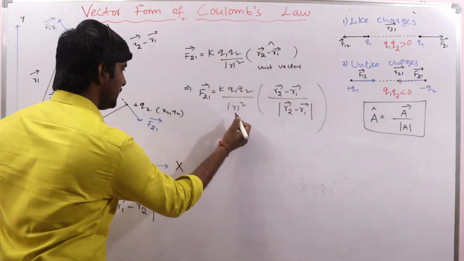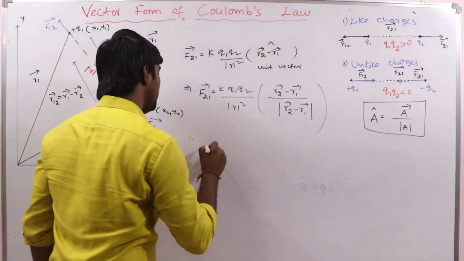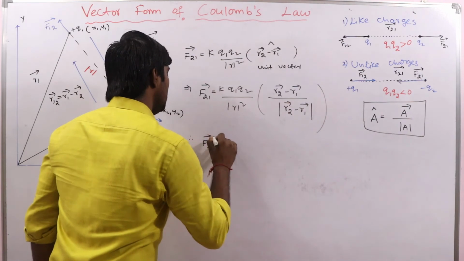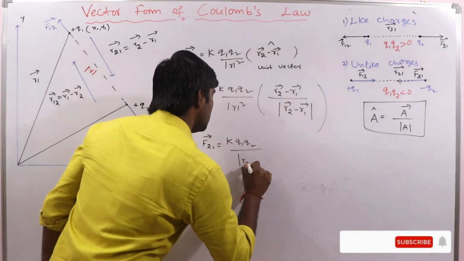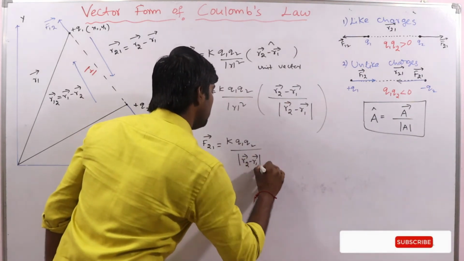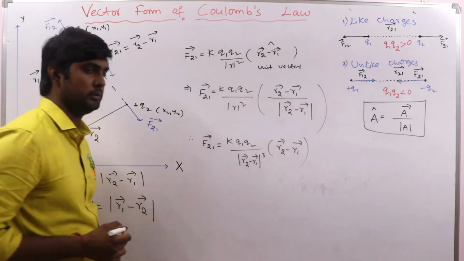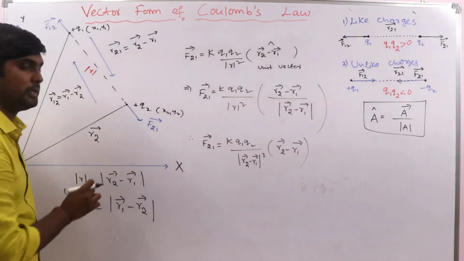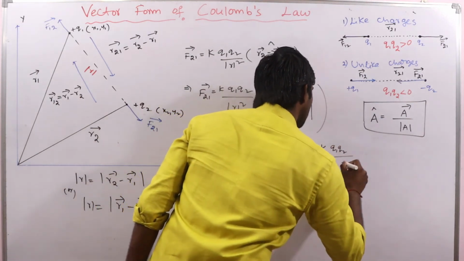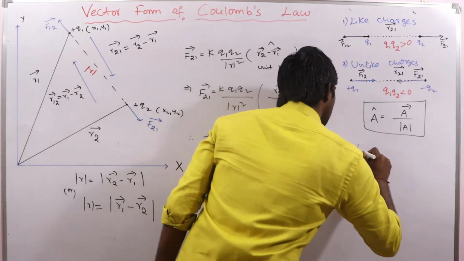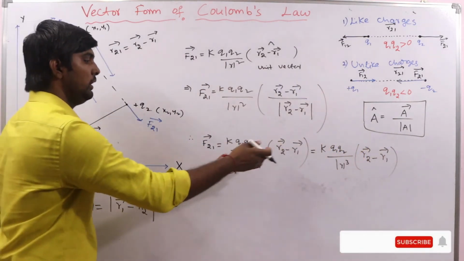Now this r equals mod r2 bar minus r1 bar. If we substitute here, we get F21 bar equal to K Q1 Q2 upon mod r2 bar minus r1 bar whole power 3 into r2 bar minus r1 bar. This is also equal to K Q1 Q2 upon mod r cube into r2 bar minus r1 bar. You can use this one or this one.